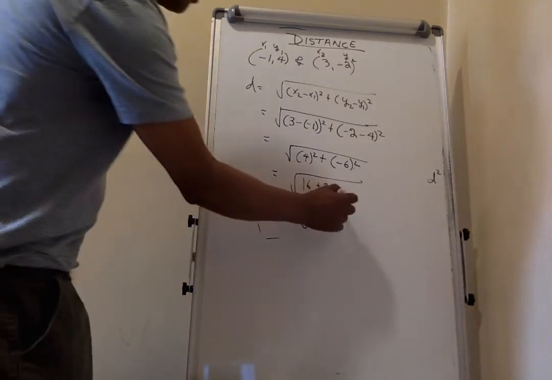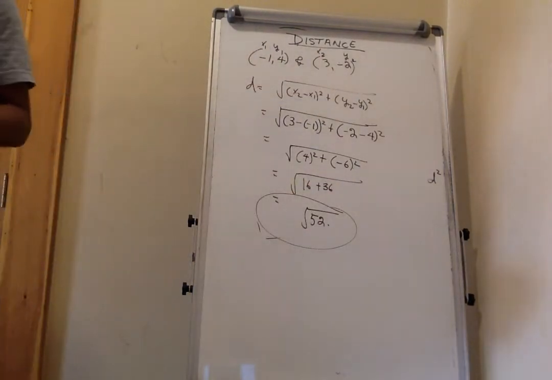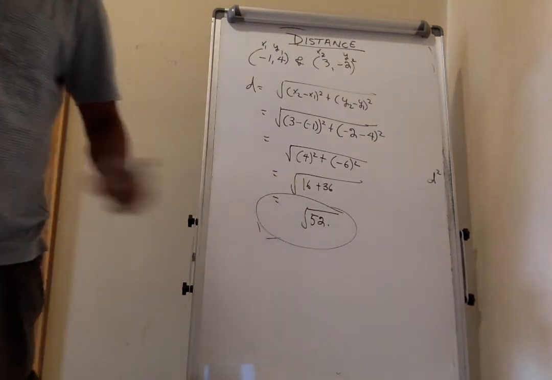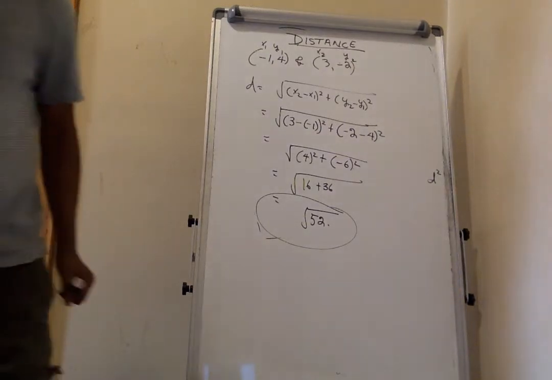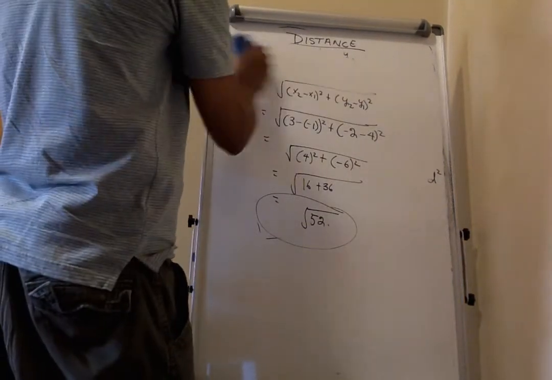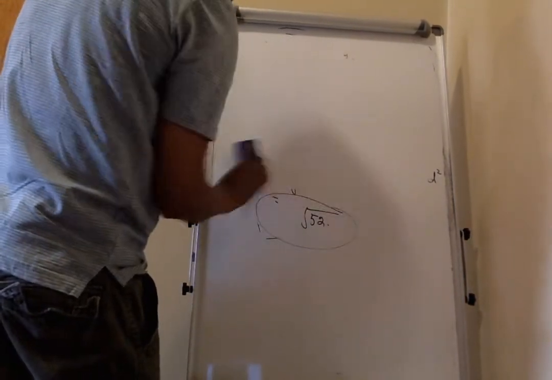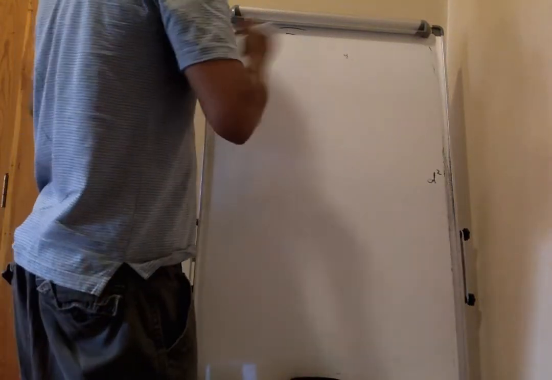So this will be the distance that you are going to get when you use the distance formula. Okay. You can simplify it if you want to, but that is good. Now, so that's what we mean by the distance formula. And then we have the midpoint formula.